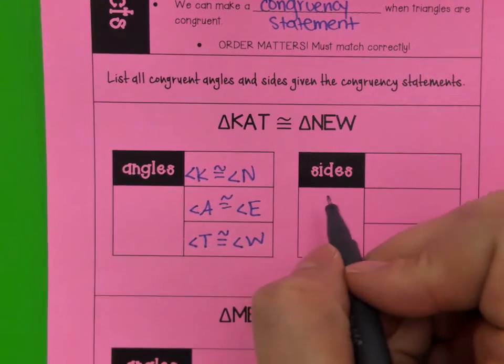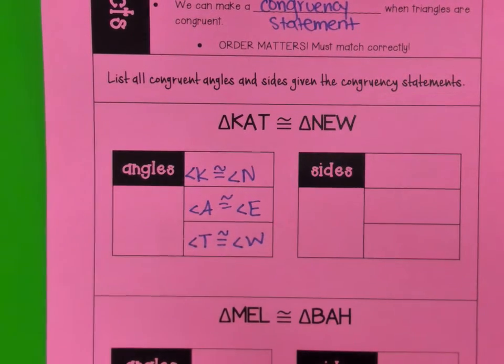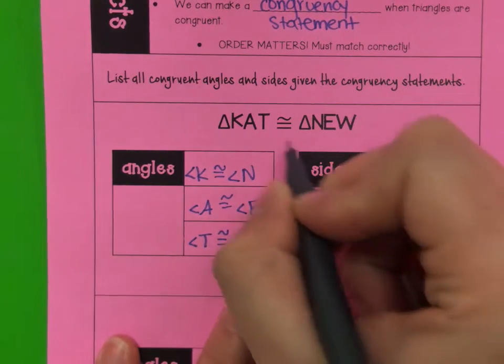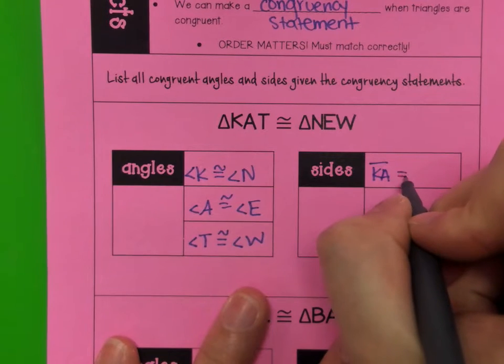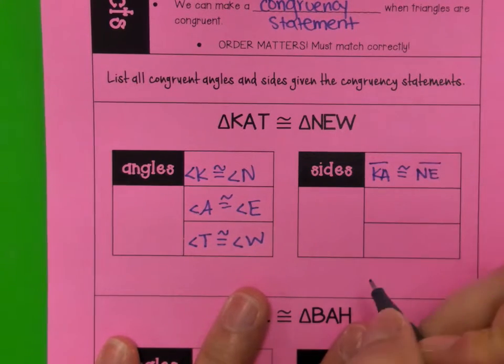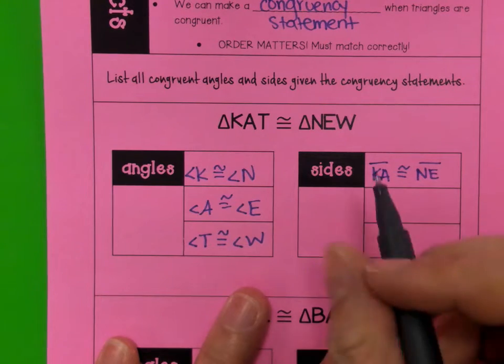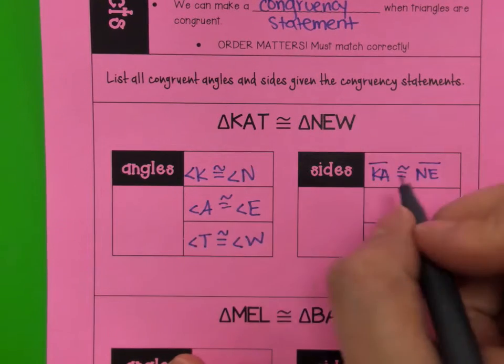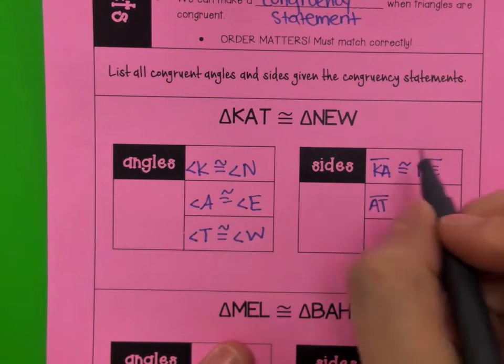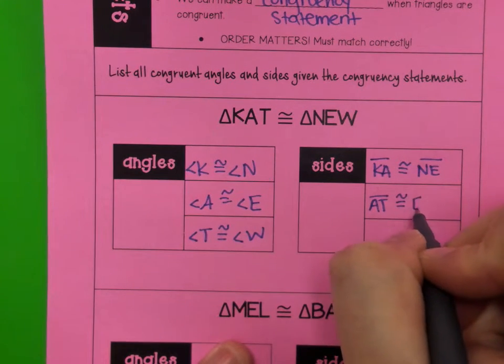All right, so then we're going to do the same thing with our sides. Our first side is KA, so the first two letters in our triangle. They are congruent to the first two letters in this triangle, which are NE. Then the next two letters, so AT, are congruent to the next two letters in my other triangle, so EW.